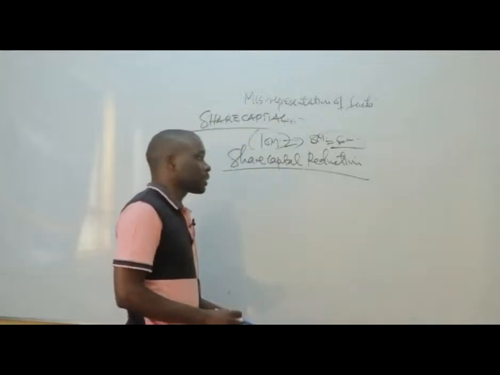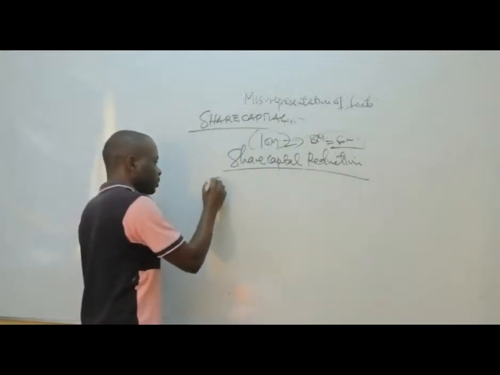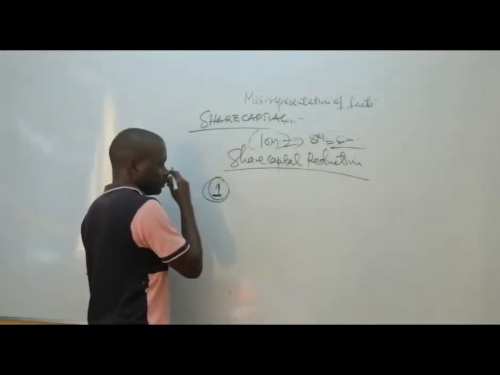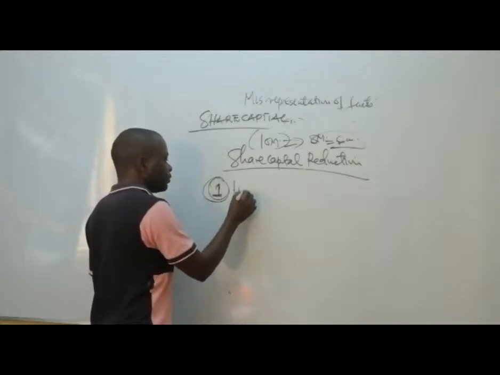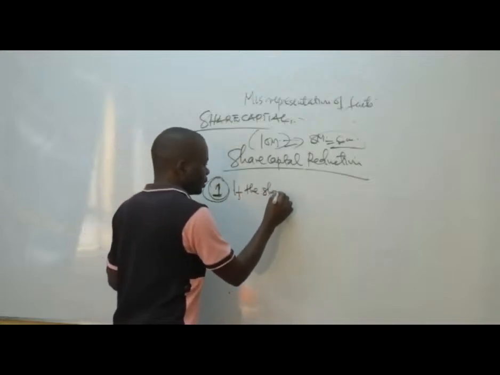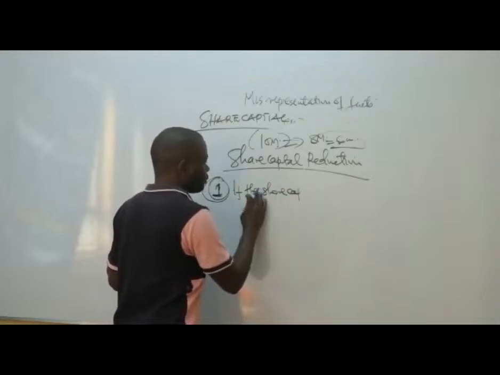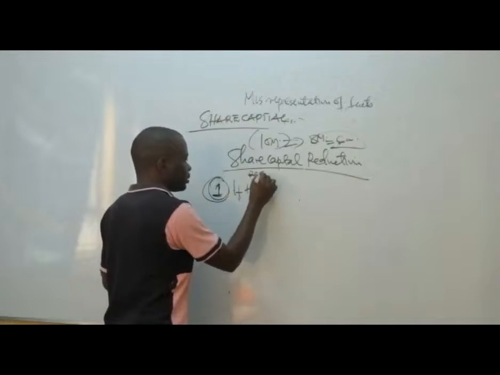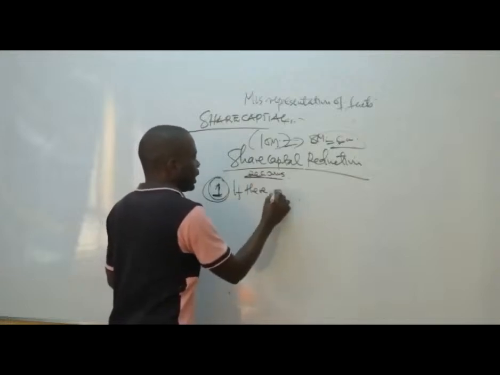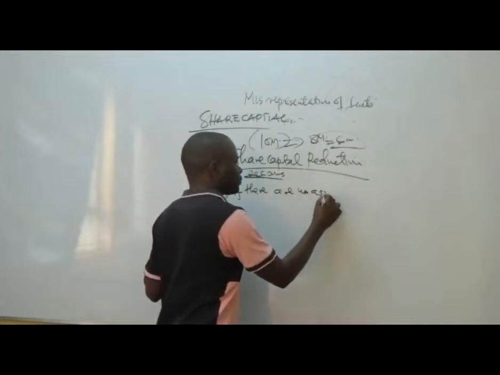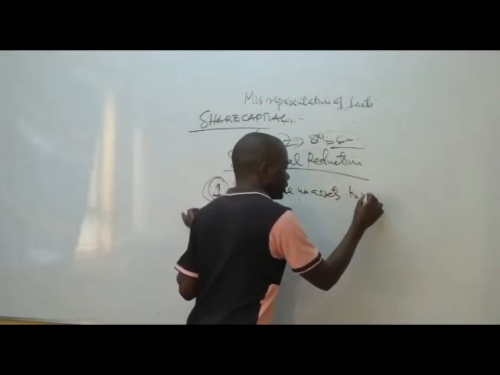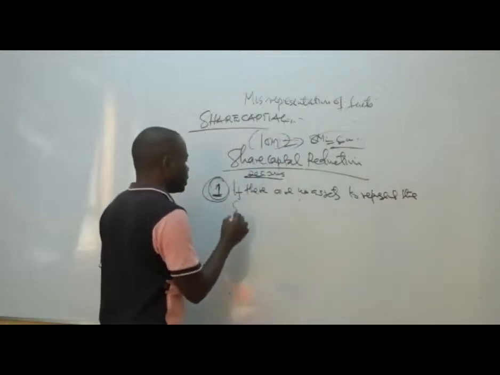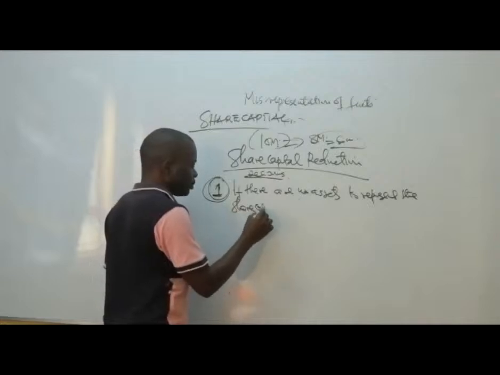For example, number one, part of the reasons for reduction: if there are no assets to represent the share capital.